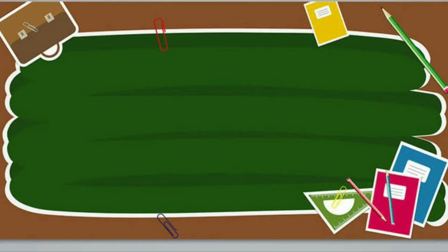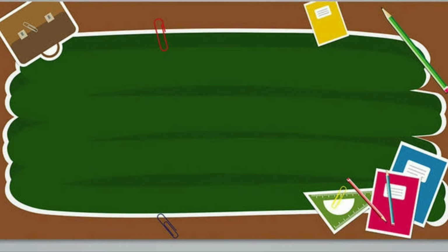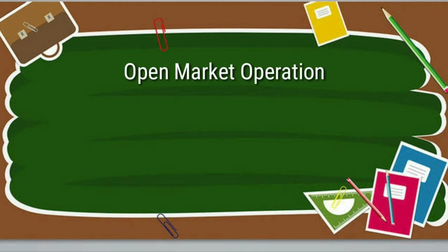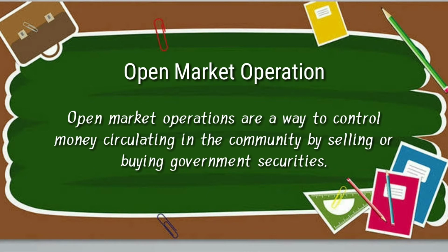Next, let's talk about the instruments of monetary policy. There are some instruments in monetary policy. First, open market operations. Open market operations are a way to control money circulating in the community by selling or buying government securities.